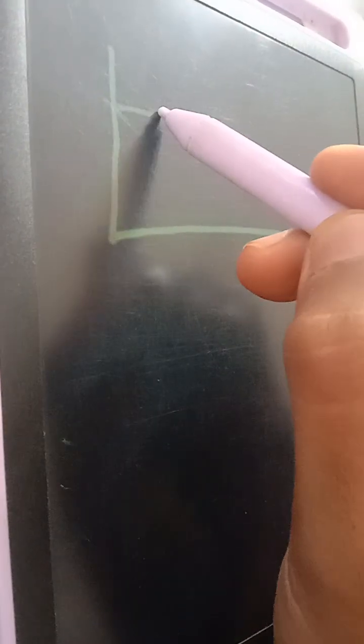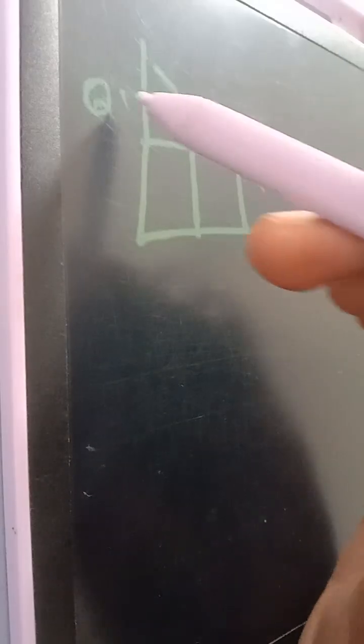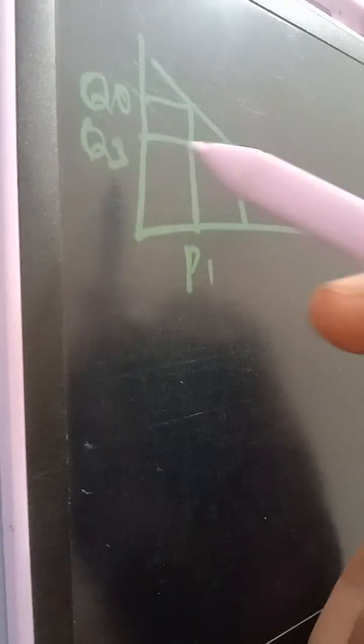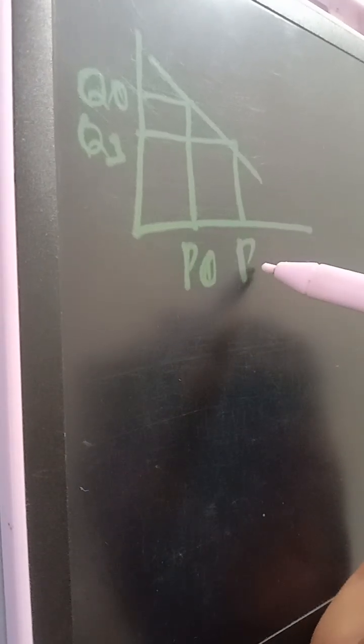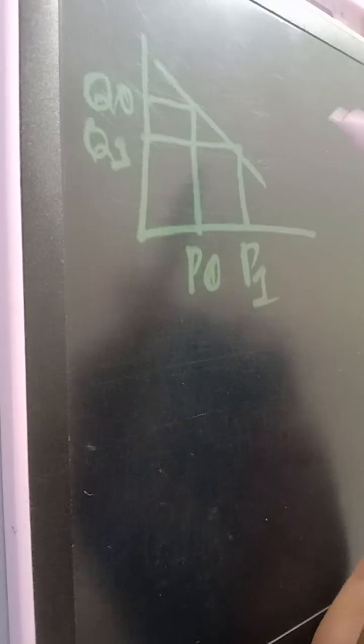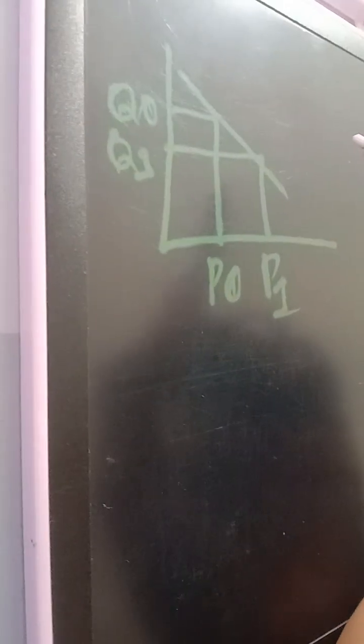So the curve can be drawn like this. This is the normal demand curve, with P0, P1, Q1. This is the normal.